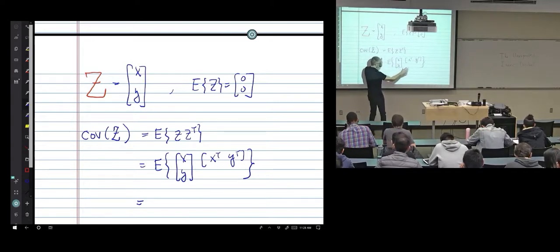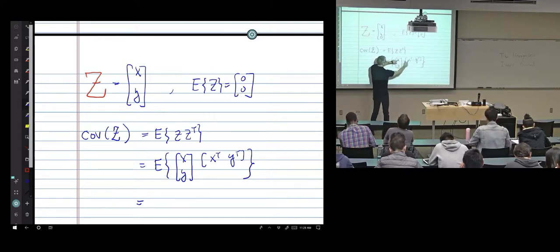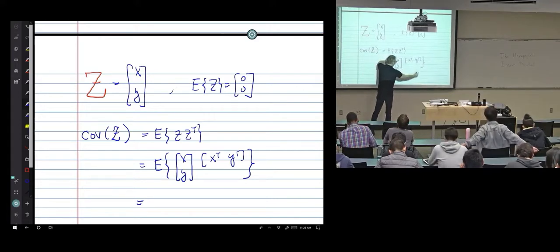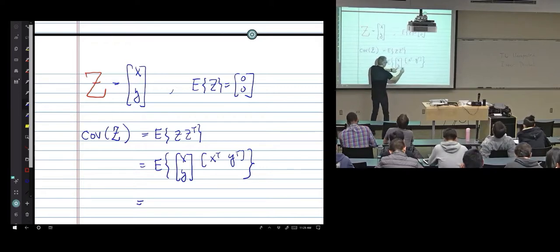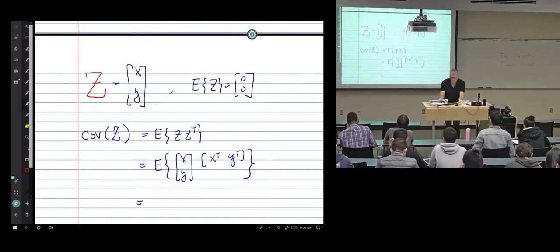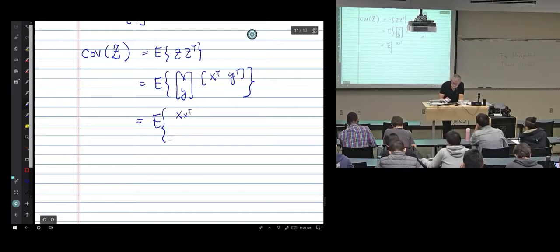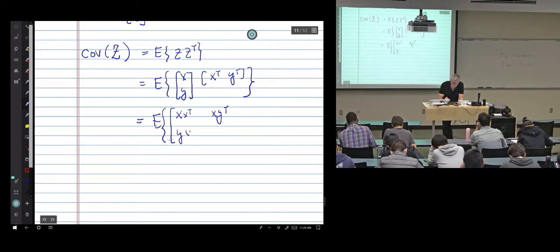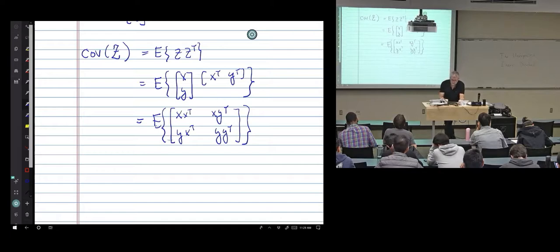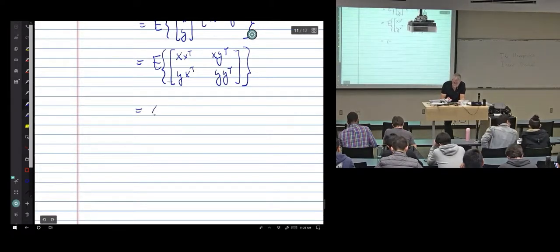Okay, so this is a matrix, it's a block 2 by 2. We have X times X transpose, X times Y transpose, Y times X transpose, and Y times Y transpose. Expected value of this matrix equals.